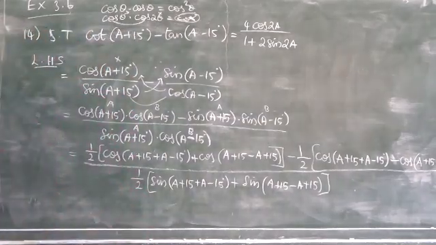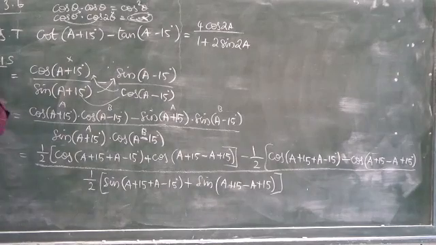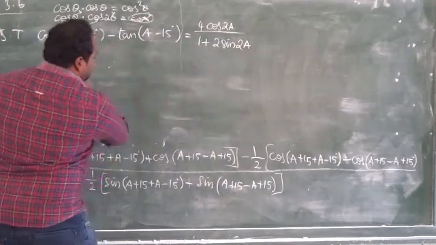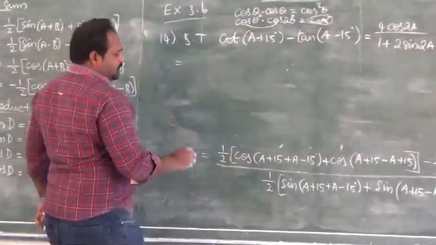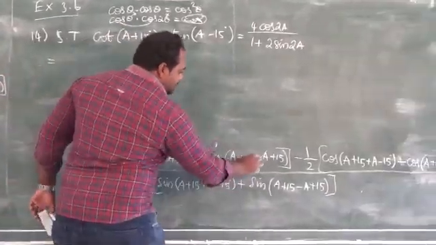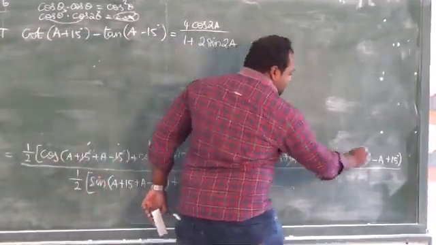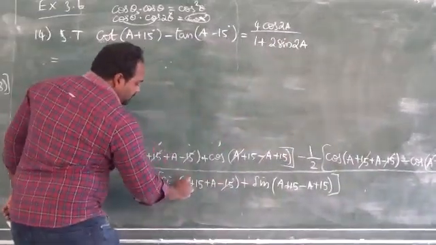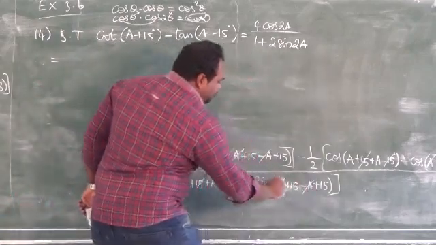So after expressing with the formula, we will simplify. Here 15 minus 15 cancel, here minus a plus a cancel, here 15 minus 15 cancel, here plus a minus a cancel, here plus 15 cancel, here minus a plus a cancel.